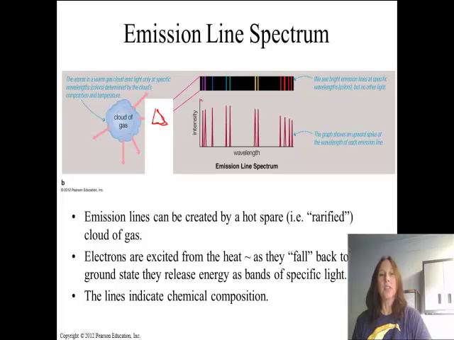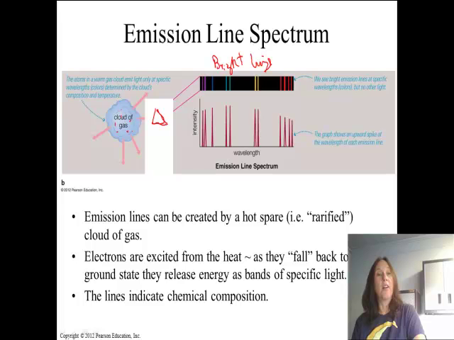This is a bright line or emission line, Kirchhoff's second law, and it is showing you characteristic of the elements that were in that gas. Electrons are behaving according to the atoms they are in a cloud about.